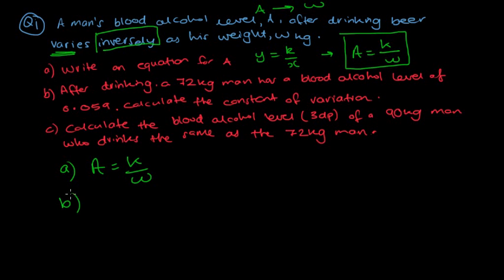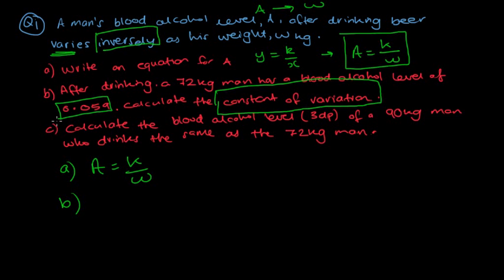The second part of the question reads, after drinking, a 72 kilogram man has a blood alcohol level of 0.059. Calculate that constant of variation. There comes that little question up again about the k value, the constant of variation. So they've given us two values. The value of A means the blood alcohol level, so the blood alcohol level is 0.059.